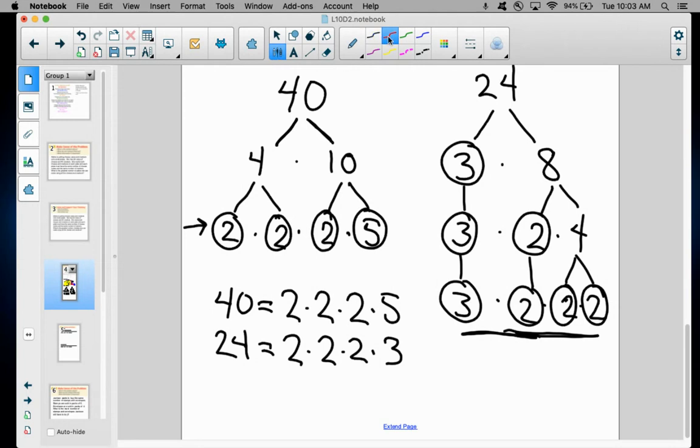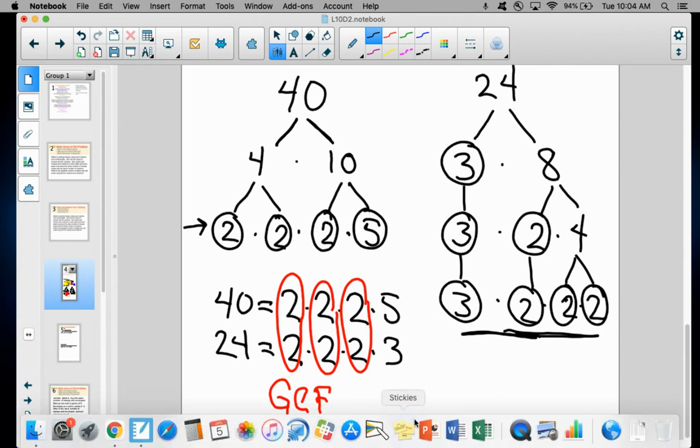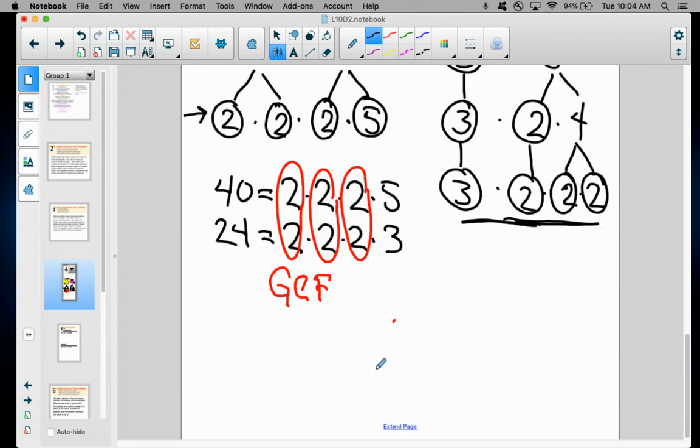And now, same as my list, I'm going to circle what's the same. And my GCF, whoops, sorry, my pen's getting a little funky again. There we go.